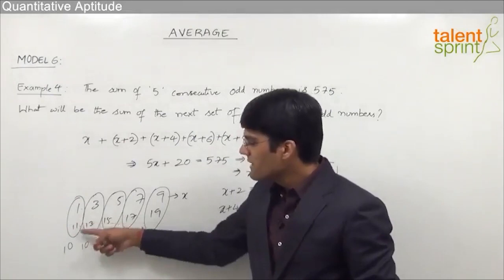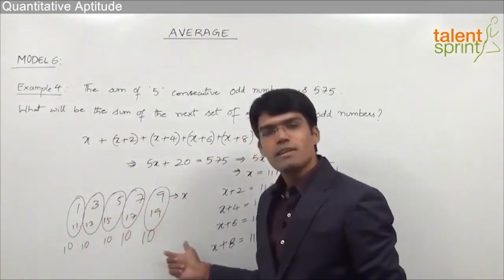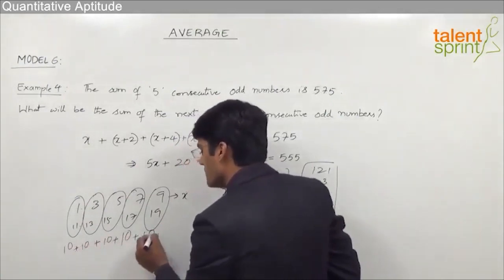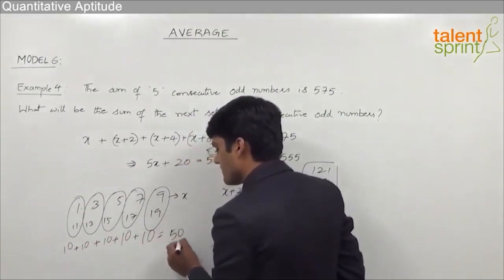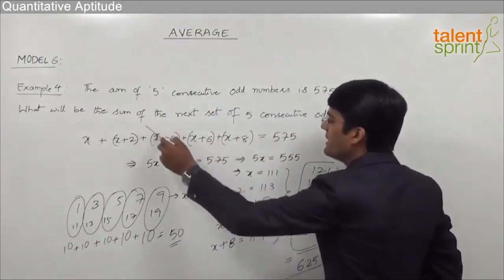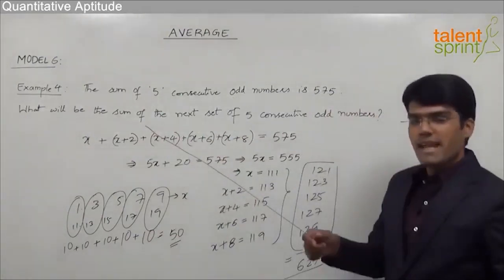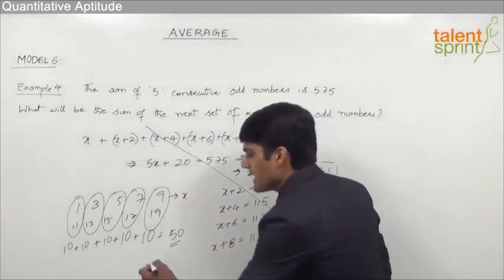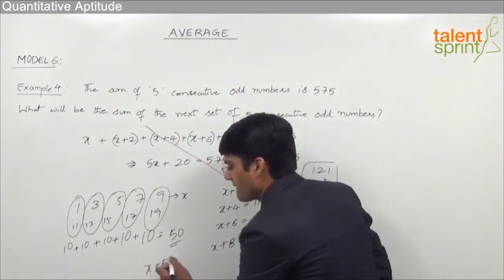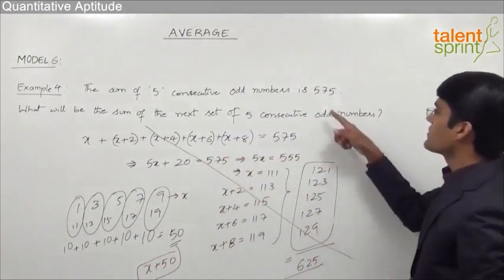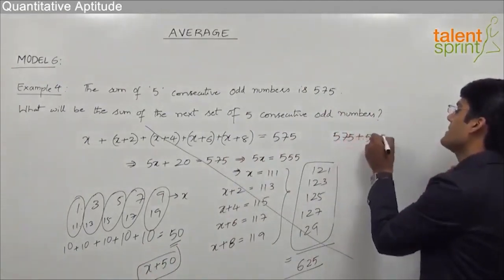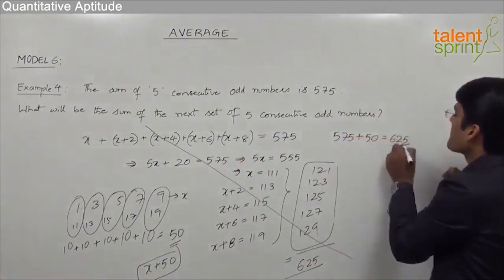Therefore, the difference between each of these pairs is going to be 10. And the total difference will obviously be 10 into 5, that is 50. So instead of writing all these steps, I can simply say that the sum of the next set of numbers should be x plus 50. So therefore, here the answer should be 575 plus 50, that is equal to 625.